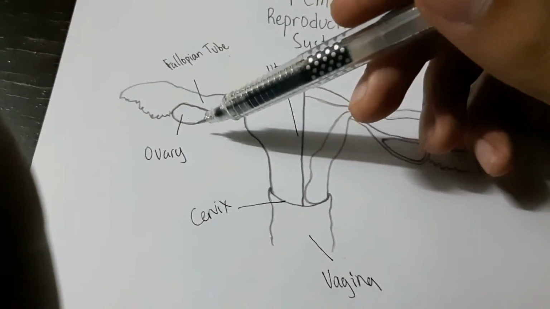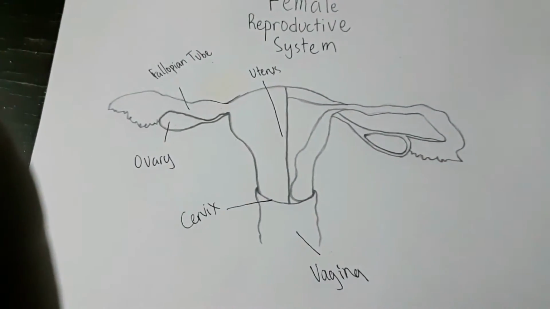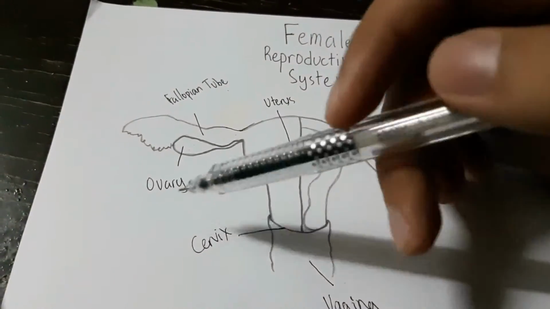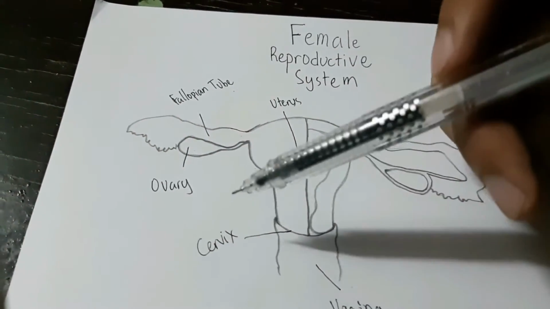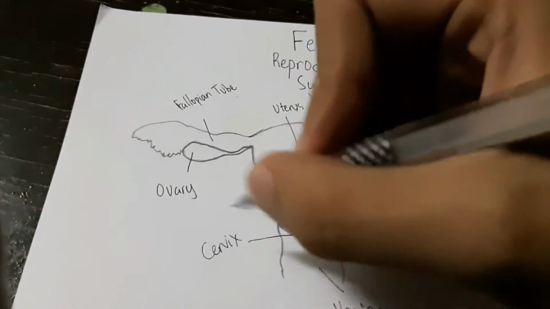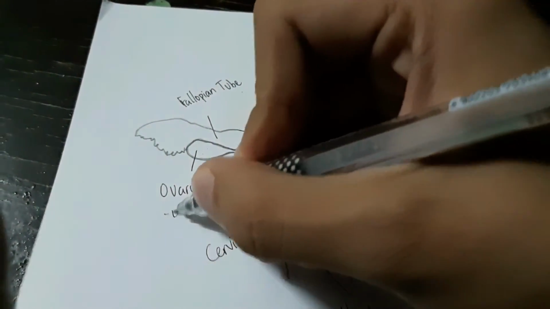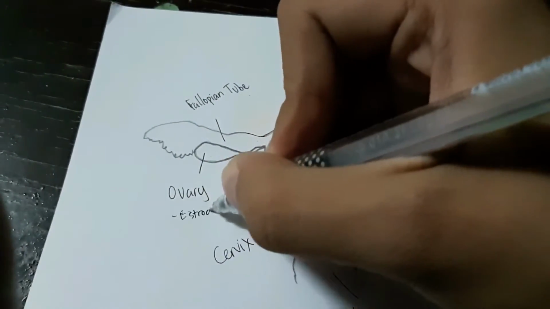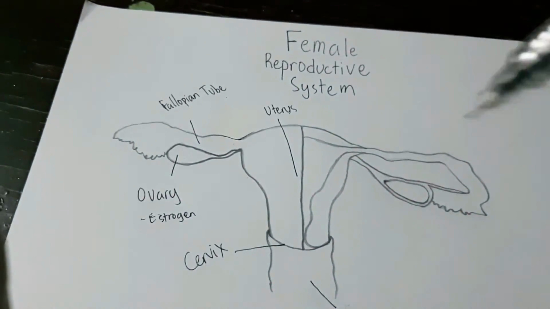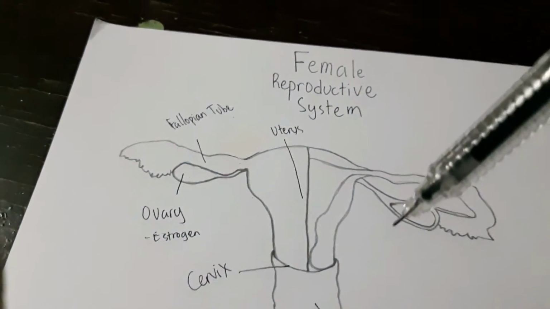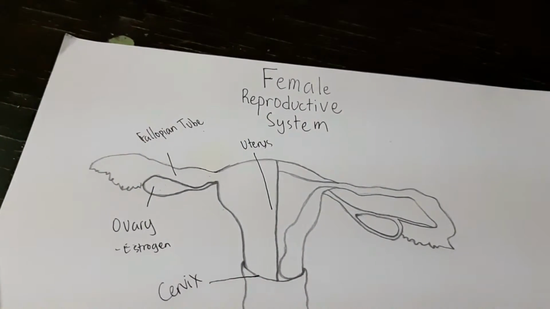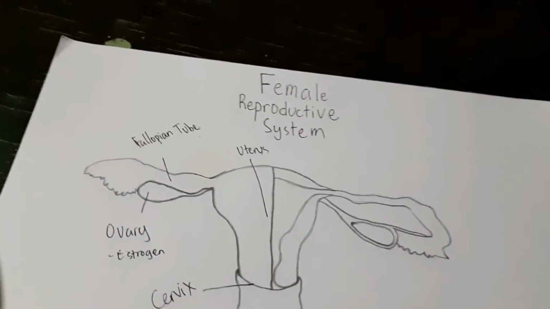Tapos sa ovary, dun din nanggagaling yung estrogen. Ito, yung estrogen, ano siya? Nag-help mag-develop yung reproductive system ng lalaki tsaka babae din.